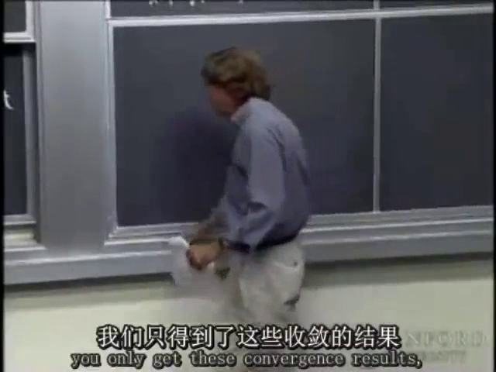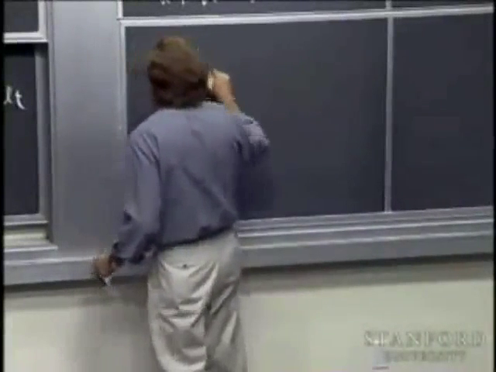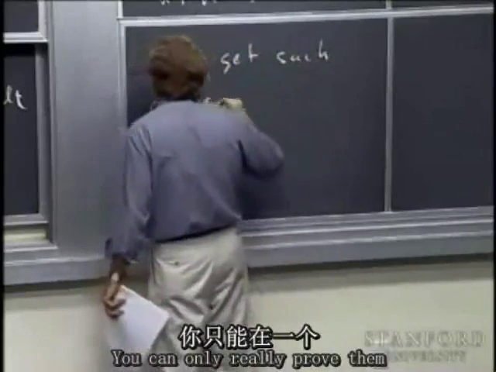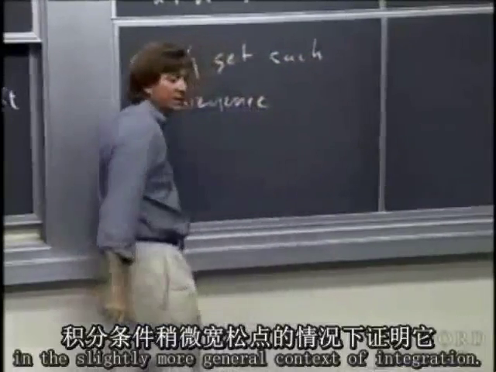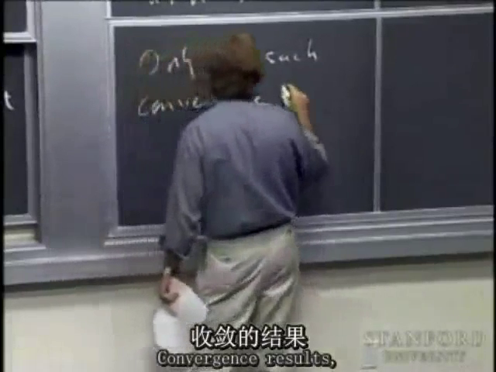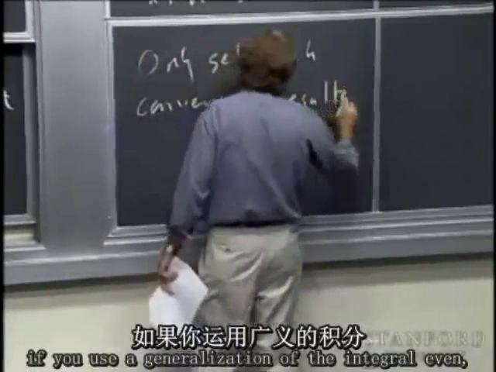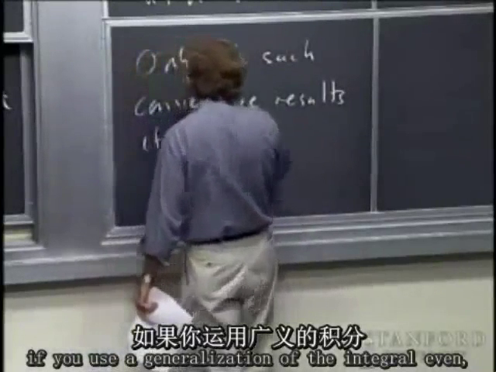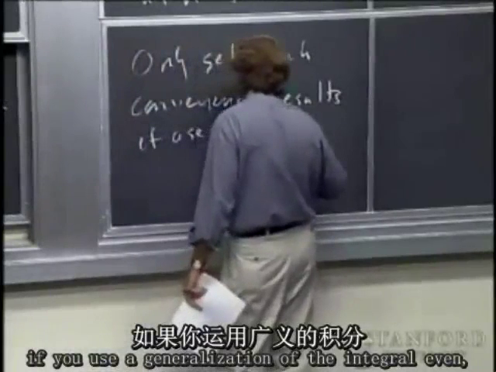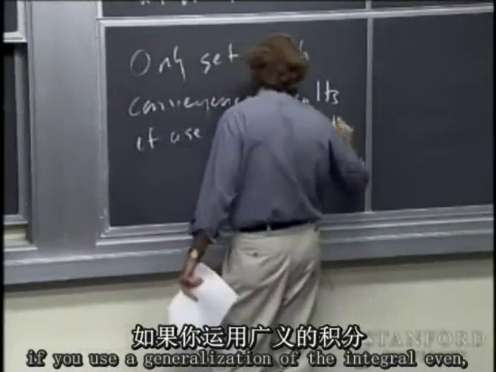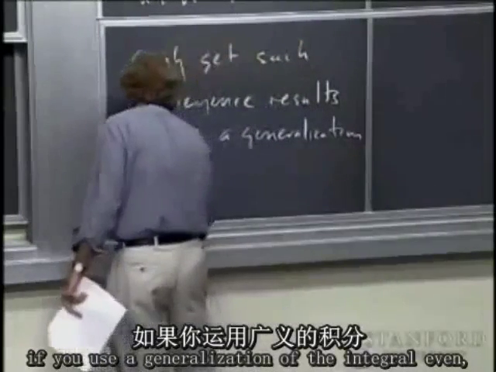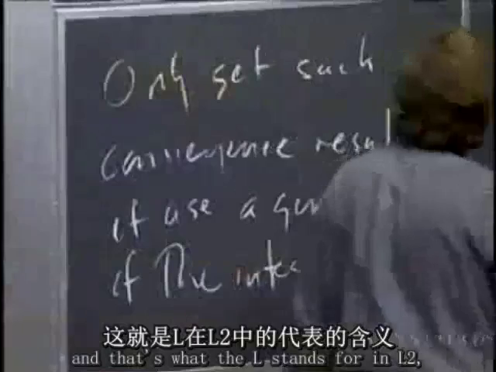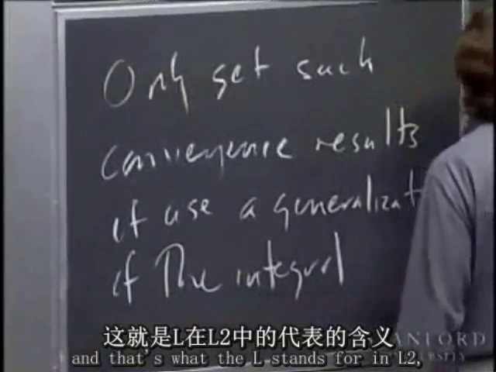But the fact is, you can only really prove such convergence results in a slightly more general context of integration, if you use a generalization of the integral, which is a whole other subject, due to Lebesgue, and that's what the L stands for in L2.